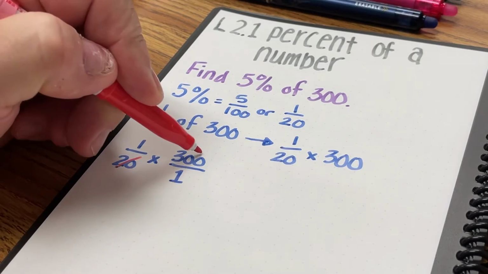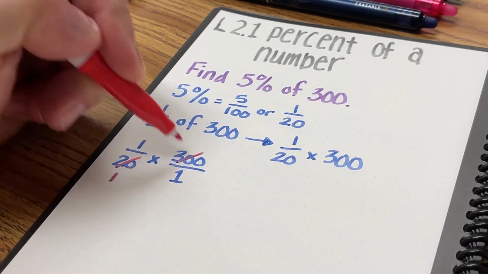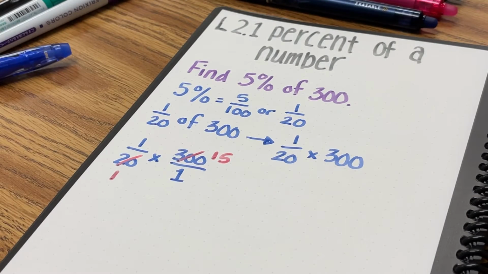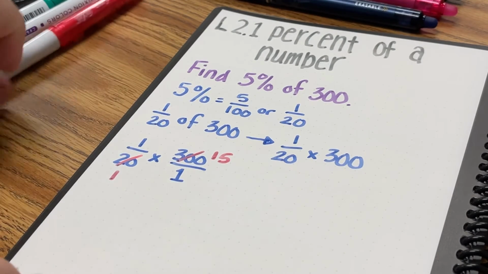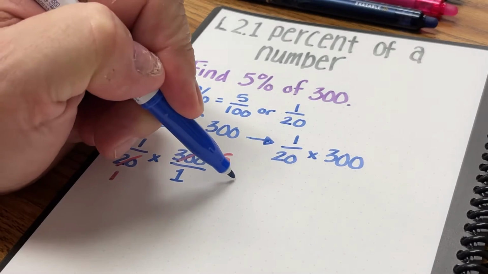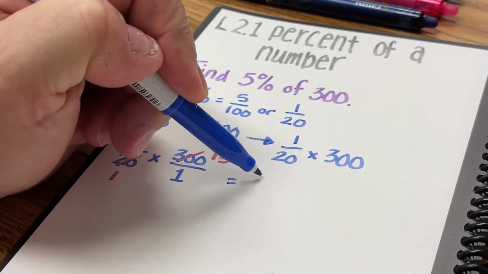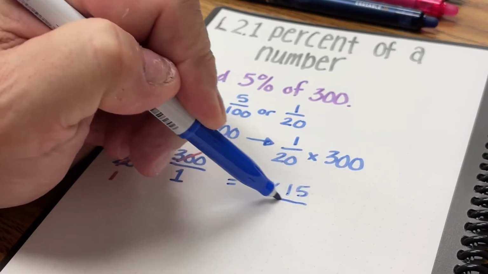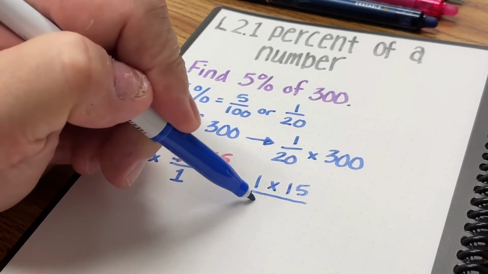Now I'm going to cross-simplify by dividing both 20 and 300 by 20, which will now give me 1 times 15 over 1 times 1.